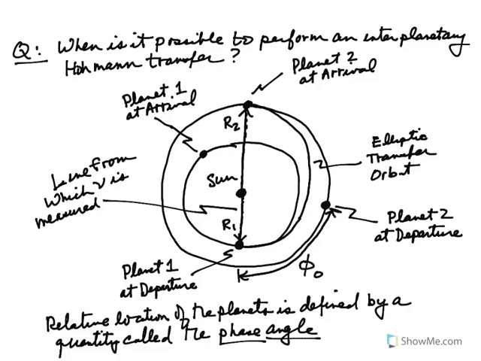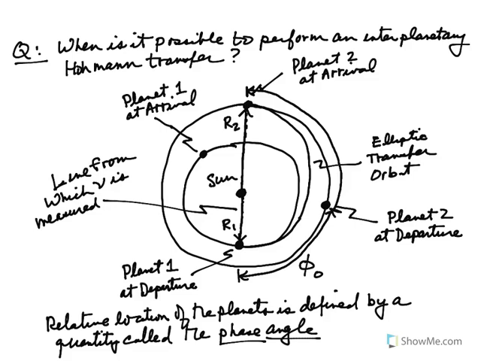In the amount of time of that transfer, that half period of the transfer ellipse, planet 2 had to move from its initial location to this final location that I've marked.